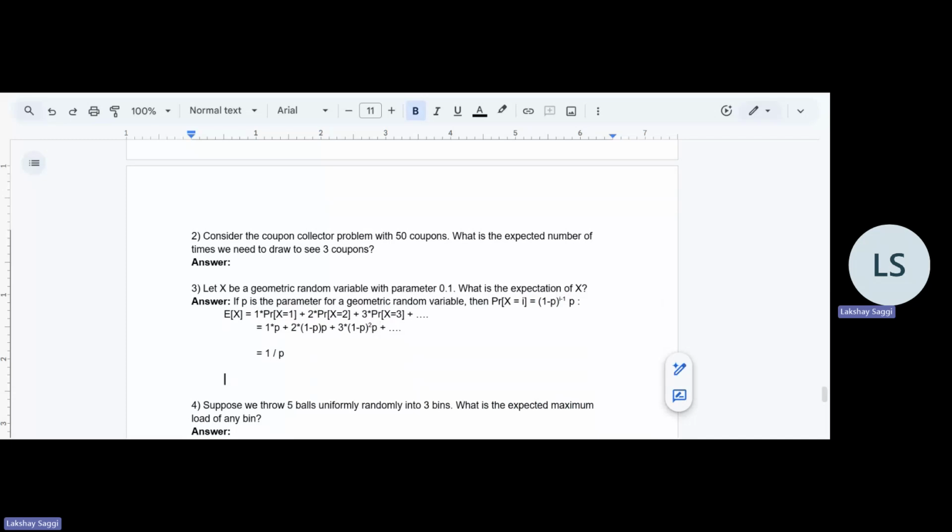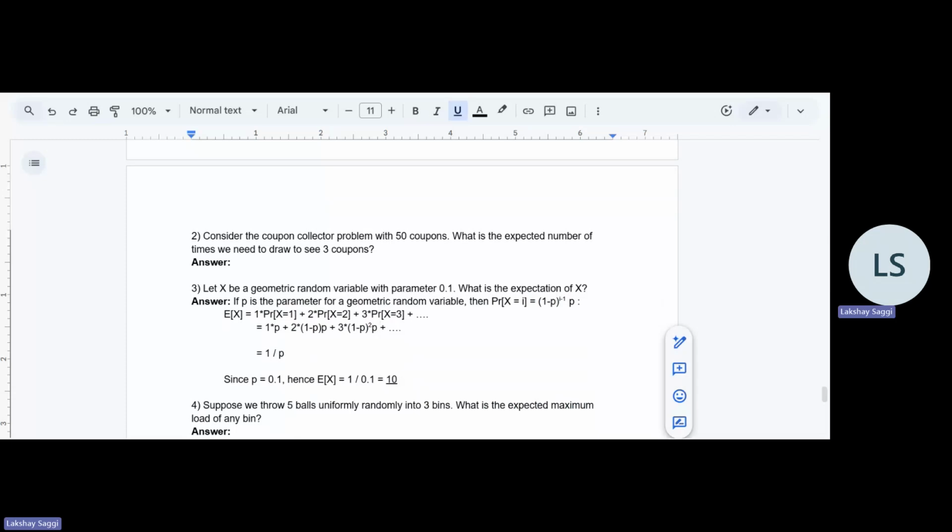In the given problem, since p equals 0.1, the expectation of X is 1 divided by 0.1, which is 10. So 10 is the answer to this question. In expectation, you need 10 trials to obtain heads for the first time.